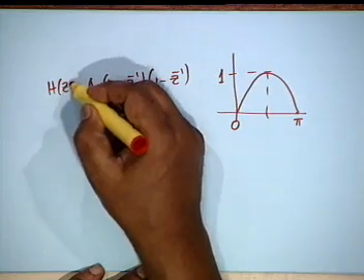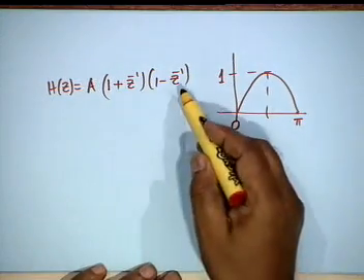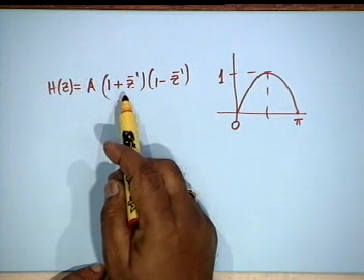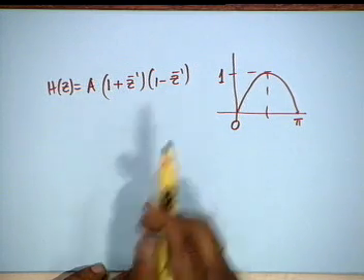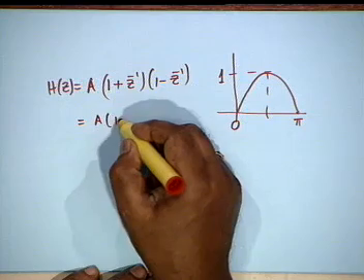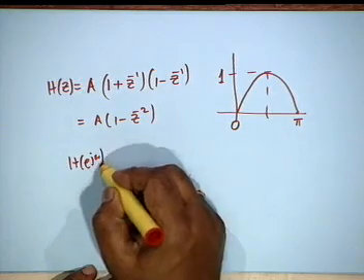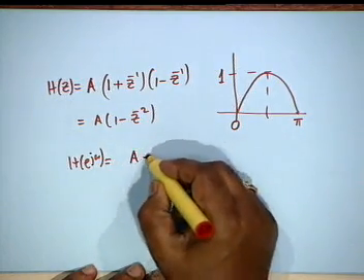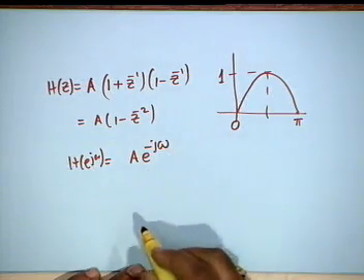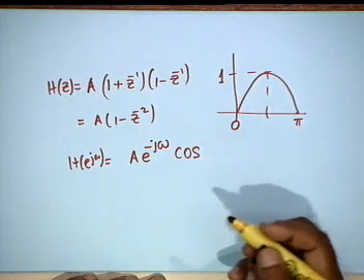Suppose I take a function like this, then obviously at omega equal to 0, that is z equal to 1, it is 0, z equal to minus 1 it is also 0, and where does the maximum occur? For that we have to write this as 1 minus z to the minus 2, and therefore H of e to the j omega shall be equal to A e to the minus j omega multiplied by, sine.